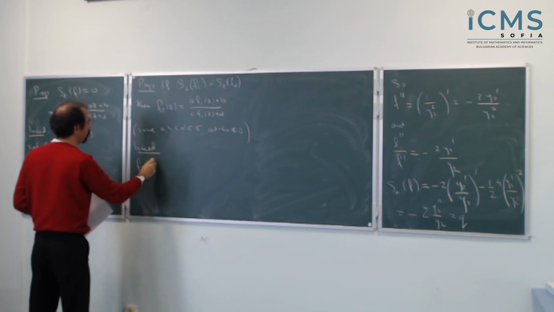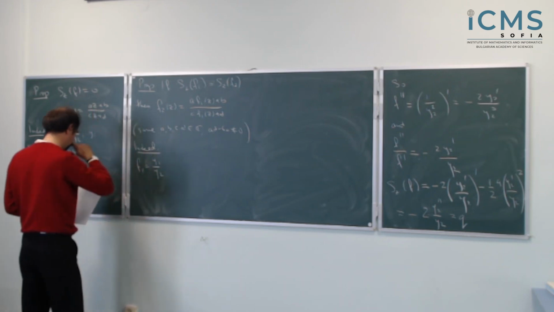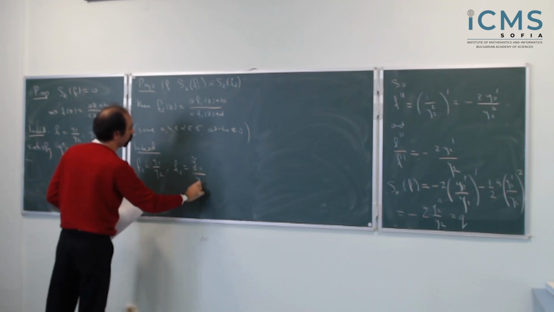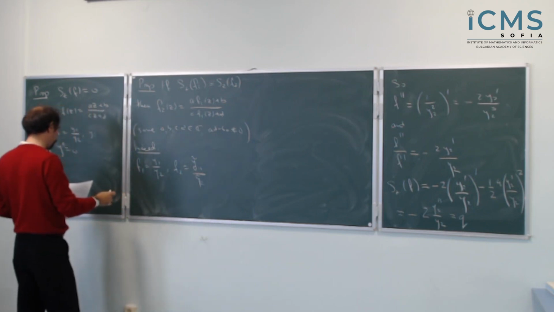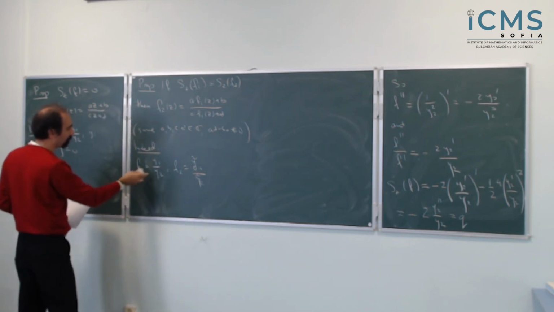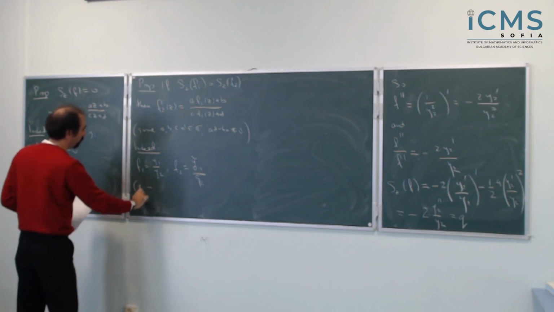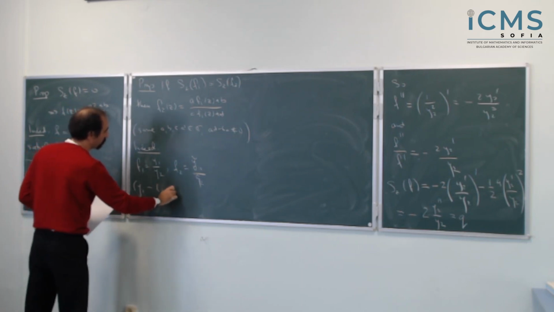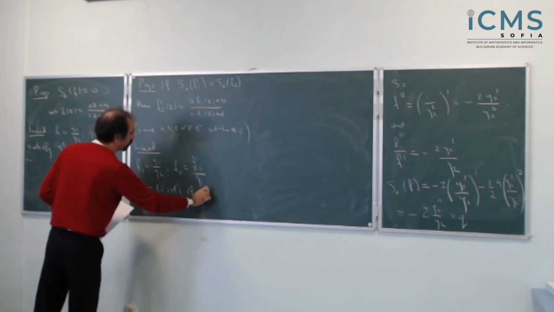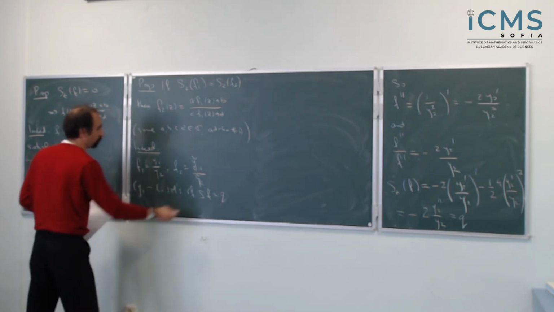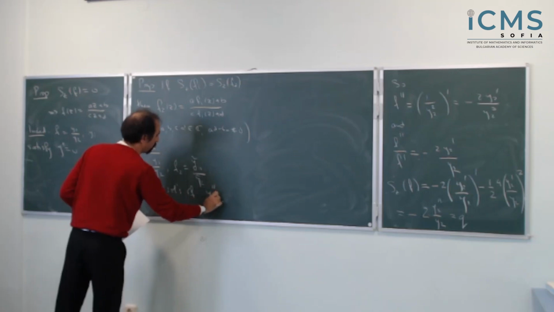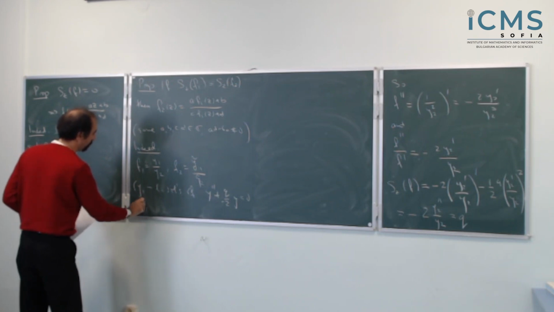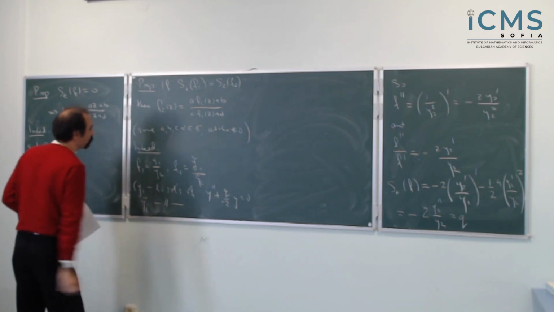So f1 would be y1 over y2, and f2 would be the ratio of some other solutions, y1 tilde over y2 tilde. Both pairs are linearly independent solutions of the equation for q, so y'' plus q y equals 0, and the yi tildes satisfy the same equation.